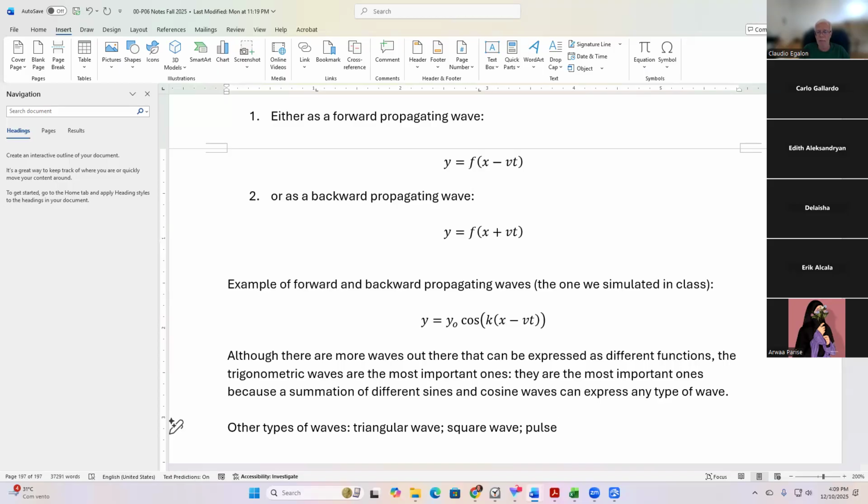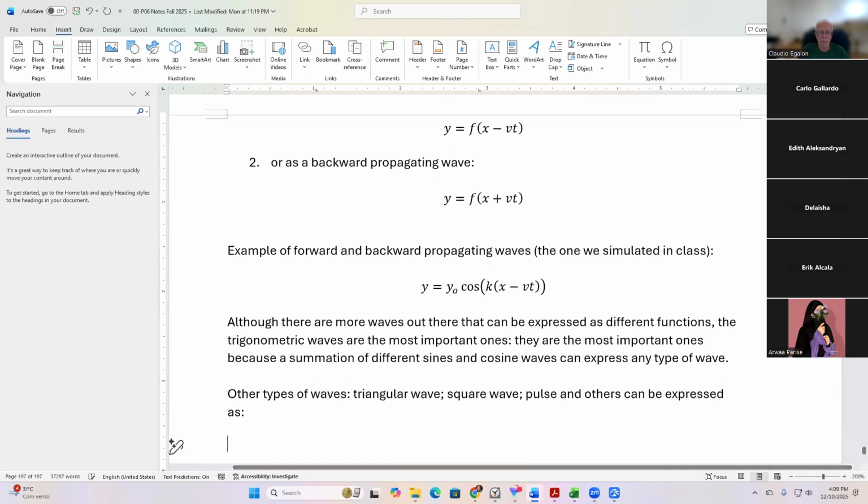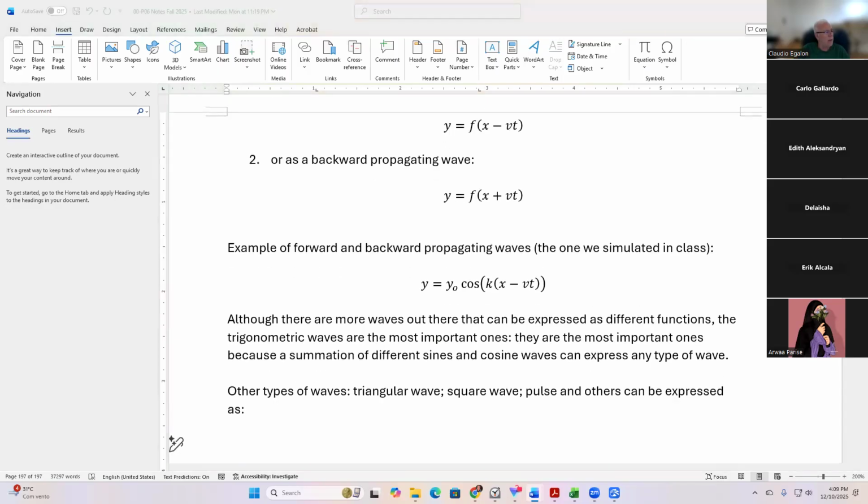A pulse wave is just a hump, a single hump that propagates. Okay? So all those types of waves and more can be expressed as a linear combination of sine or cosine waves.